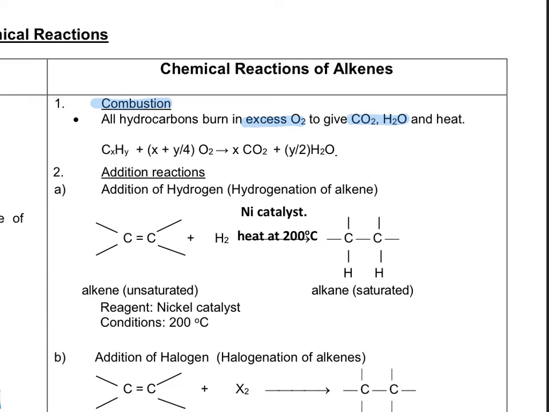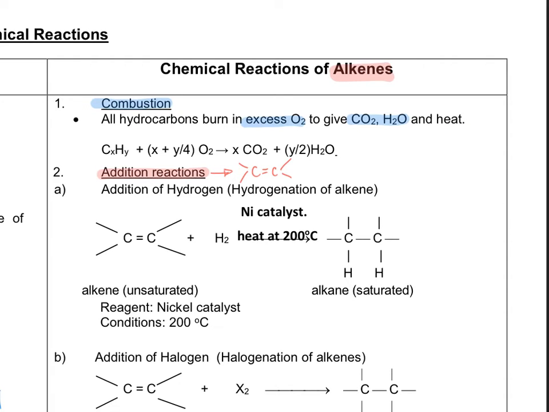So nothing new here. Same goes for your alkene. The second group of reactions, which we call addition reactions, is unique to alkenes, and the reason is because there is a carbon-carbon double bond present, which allows other elements to be added into the compound.